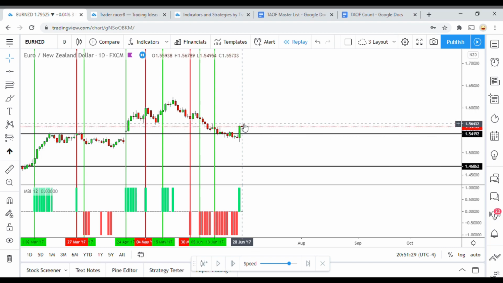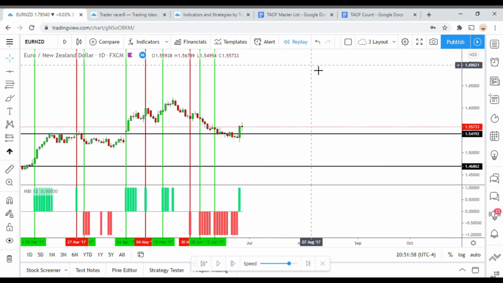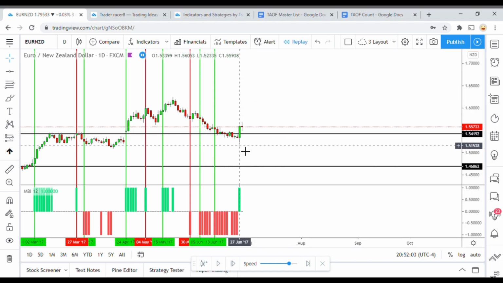They'll throw in a massive bar like this, and then sometimes they will run it back down right underneath this level here, the lowest low. This massive bar would have pulled in a whole bunch of long traders looking for this move to the upside, and then they would shove it down below this lowest low, which is where most people's stops are, wiping out those stops just to continue and reverse it and throw it back to the upside.